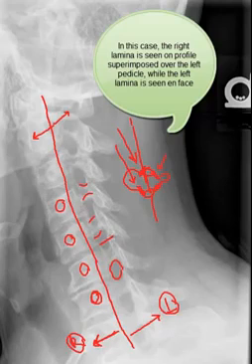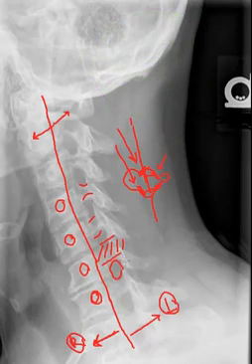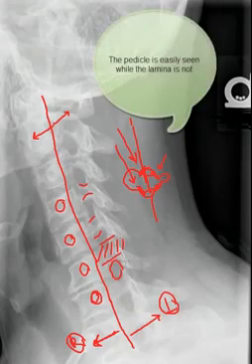So in fact, there's a faint little line you see here, and the right lamina is actually superimposed over the left pedicle. Now, in no testing situation will an instructor that I know of anyway ask you to differentiate these structures. It's not seen very well.